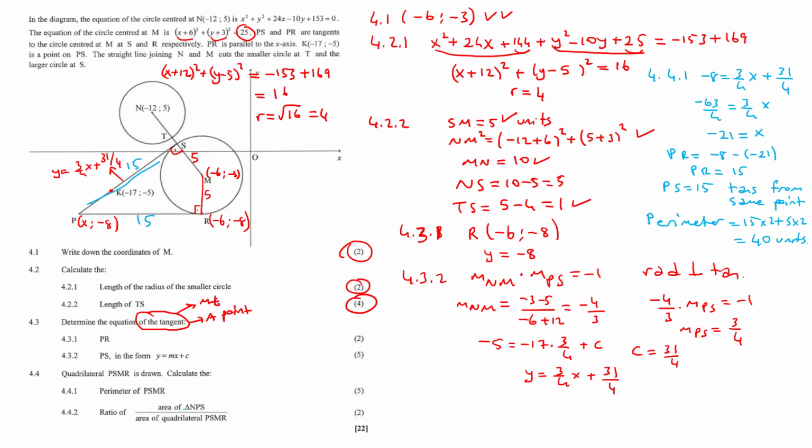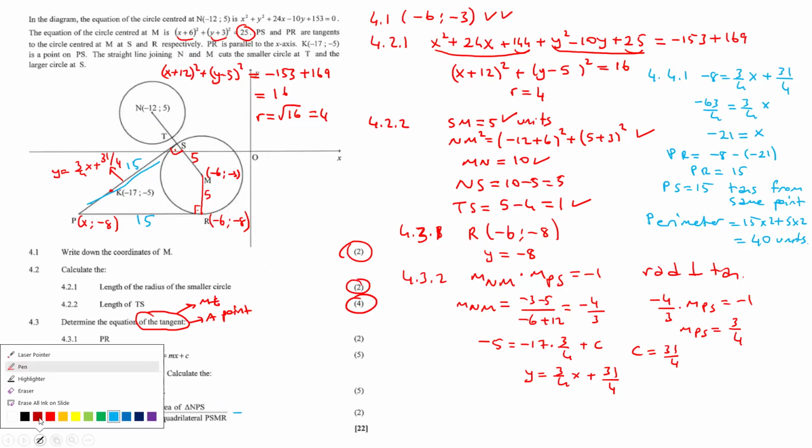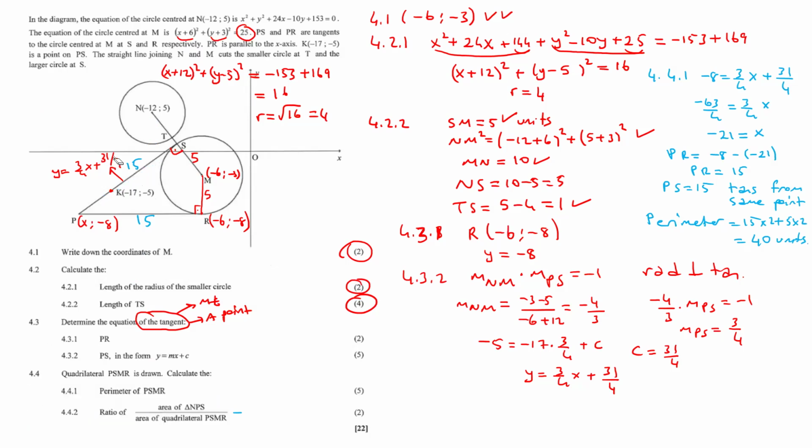Now, last part of this question here is ratio of area NPS and quadrilateral PSMR. Okay, this is a very simple question as well for 2 mark question. Let's try this down here. If you just draw, again, let me clear this side so that you can see easily what we're talking about.